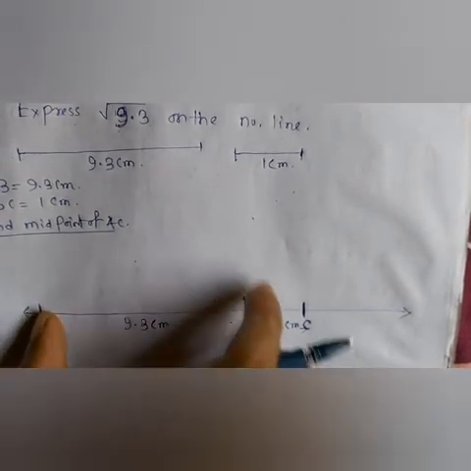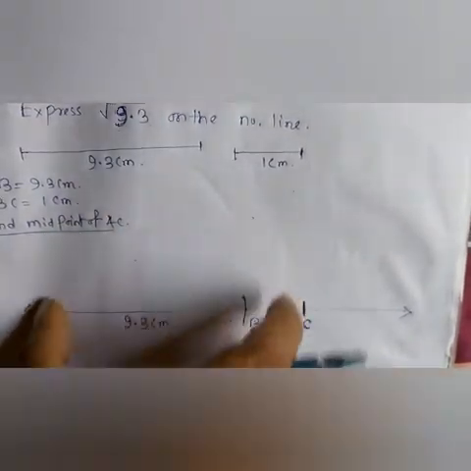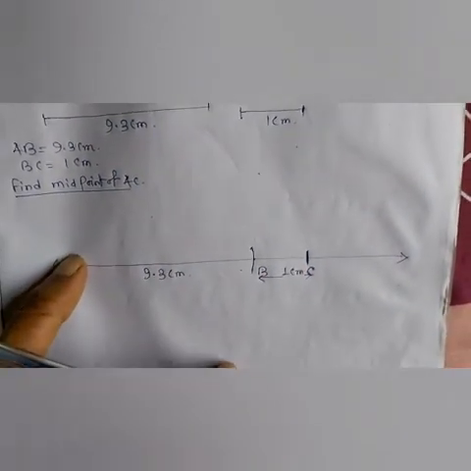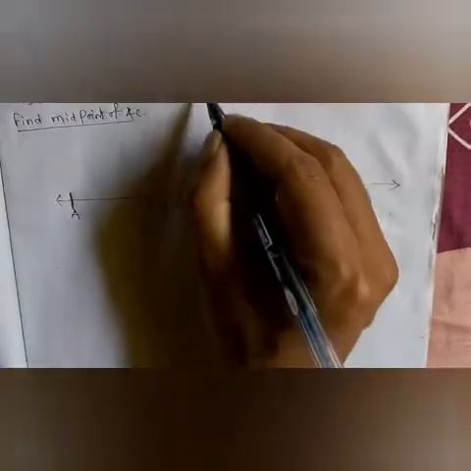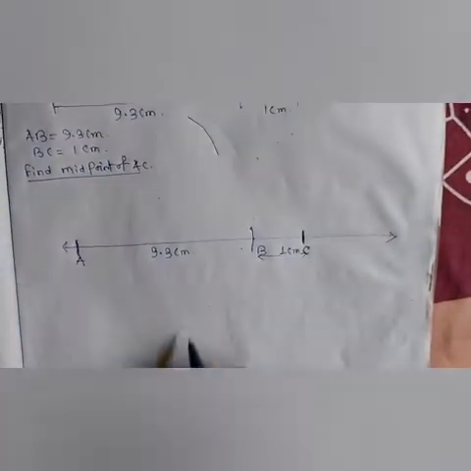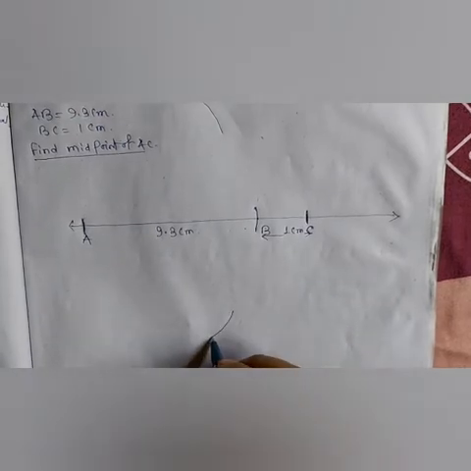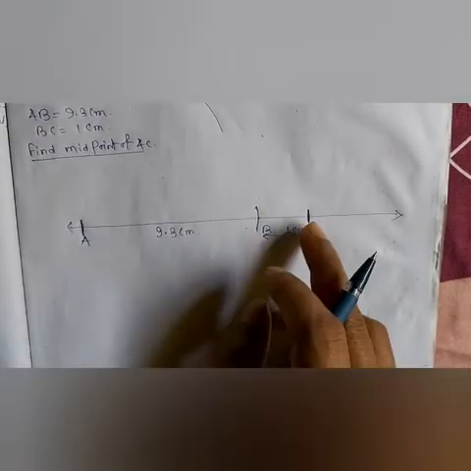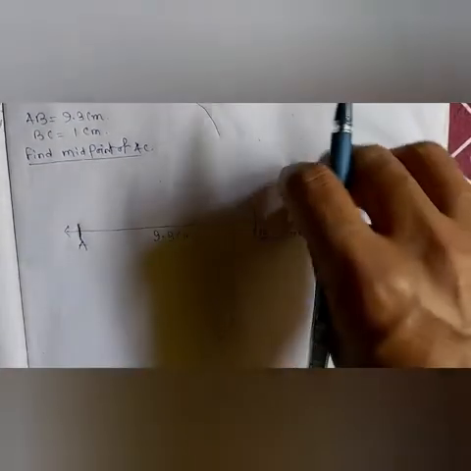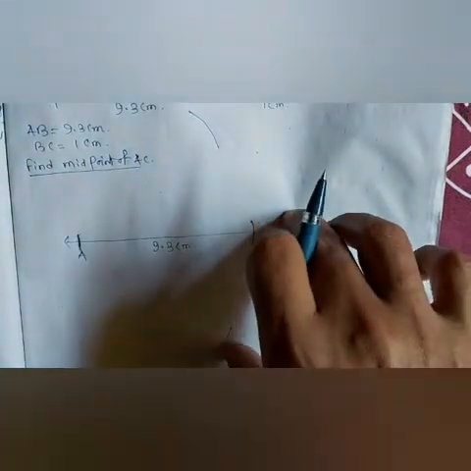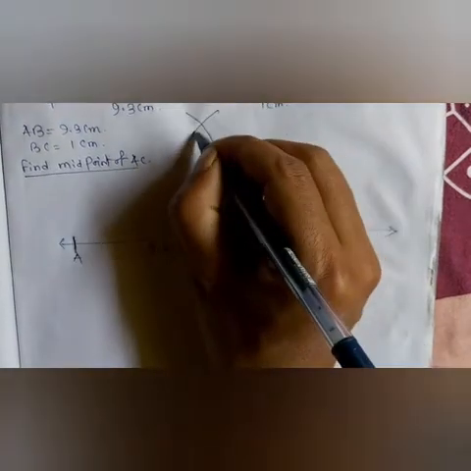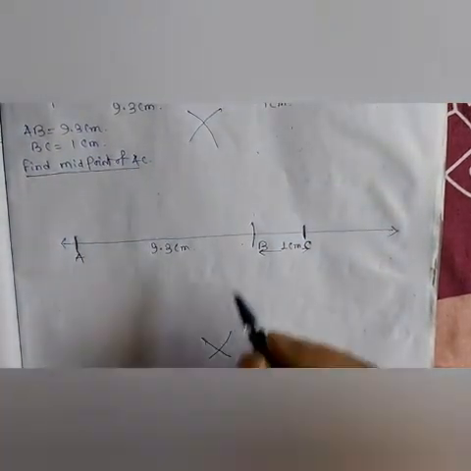So suppose this one, then we have to draw like here and here also, and here also. Same measurement, start from C and this one, and similarly here this one. So this and this one.